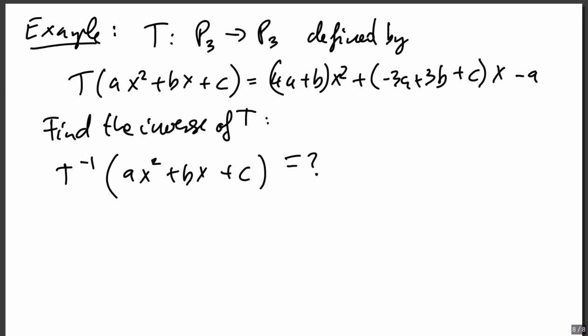So in this case, actually P3 is the degree 2 or less polynomials. So this is a little bit of a different definition than we used before, or we can just say that there is no degree 3. But of course then T is not well defined.